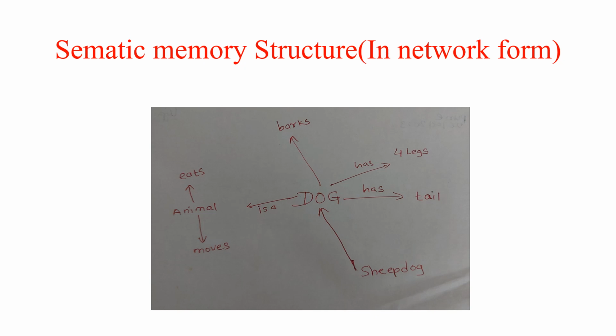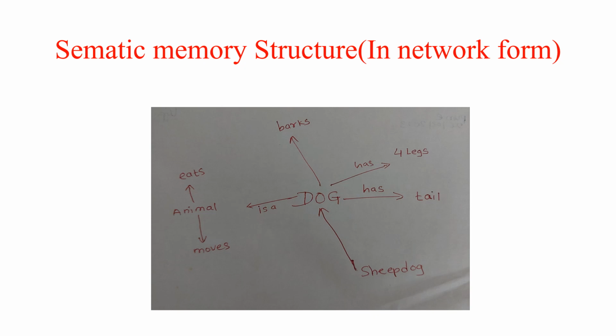In this, the dog is an animal, eats, moves. Okay, so dog has four legs, dog has a tail, dog barks, a sleeping dog is a dog. Okay, so these are the entities.